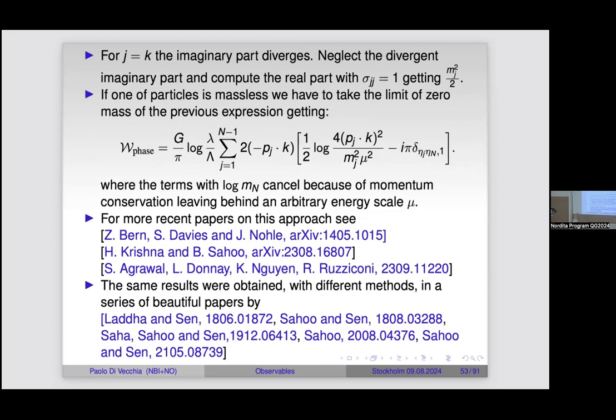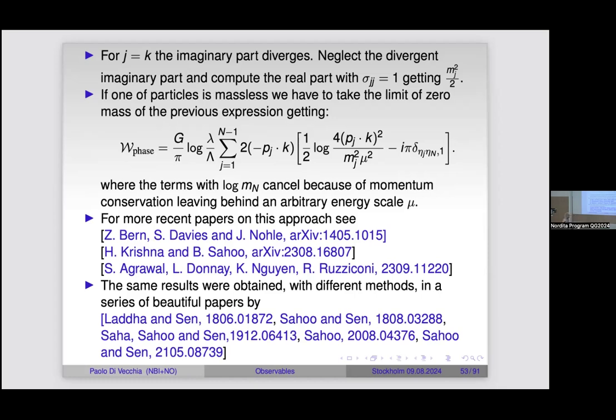So you can also take the limit of zero mass of this expression. So one of the external particles at zero mass, and you get a finite result. There is a term log m, but it cancels, and that gives the scale here. If you do the same kind of thing in QED, it doesn't go like in gravity because of collinear divergences.